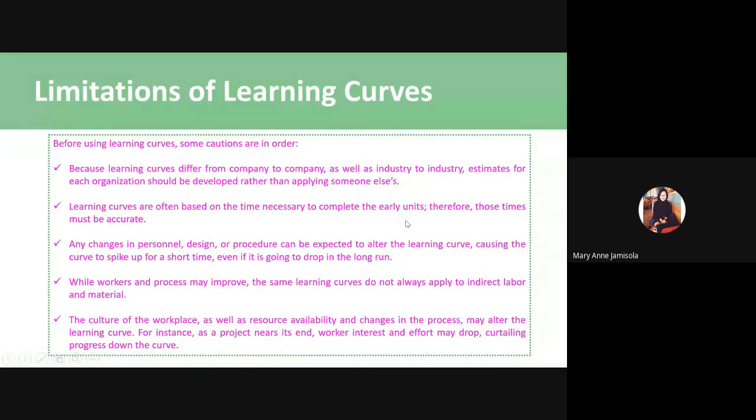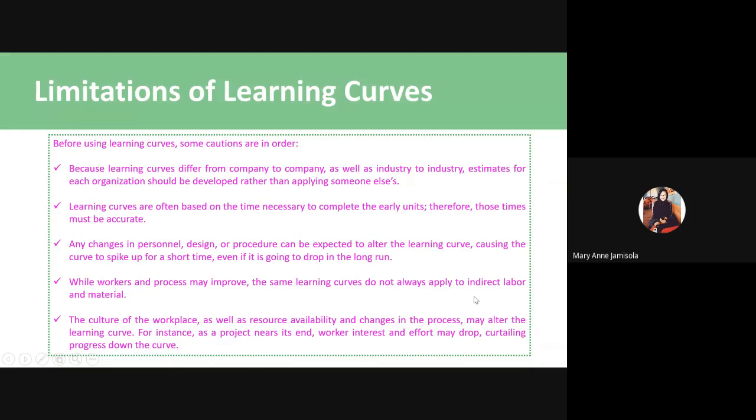In fact, when we look at our formula, very crucial is T sub 1, right? Therefore, those times must be accurate. You have to accurately record the number of hours required to finish the first unit. And then any changes in personnel, design, or procedure can be expected to alter our learning curve.